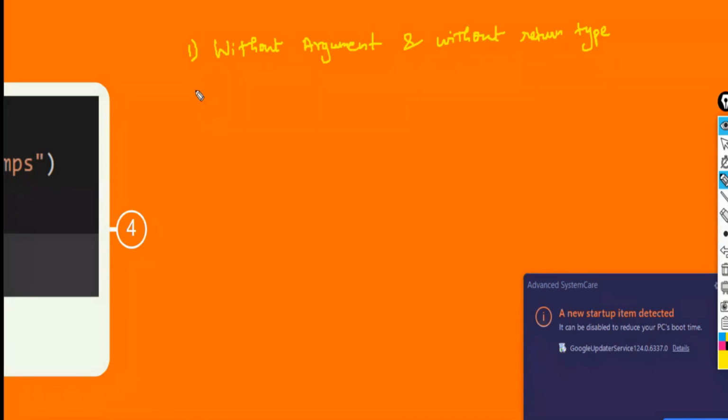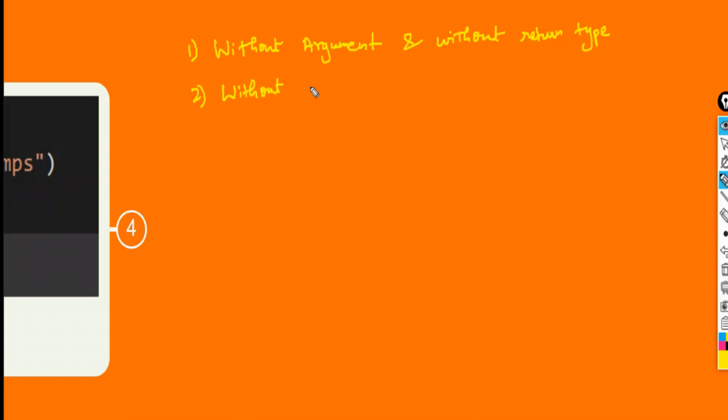Then the second method, if you go again, we can go without argument and with return type.